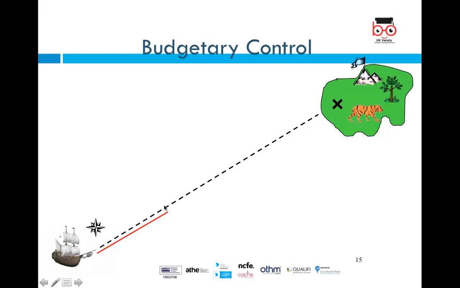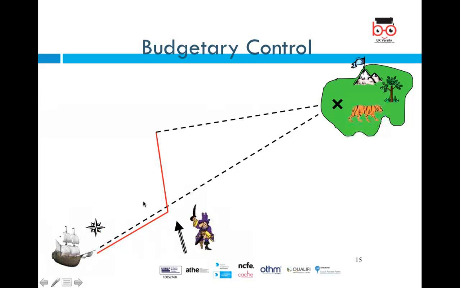So when we start our journey, in the middle of the journey we face pirates in the ocean, and then we change our direction. We change the route to reach that destination, so we divert our direction.